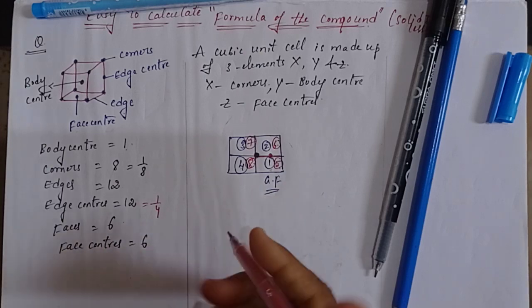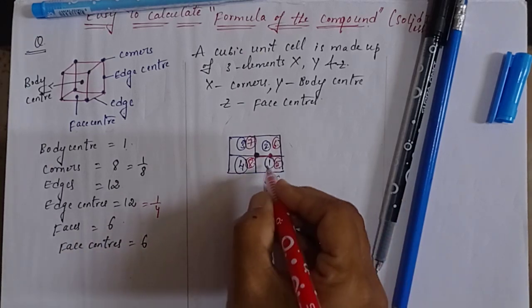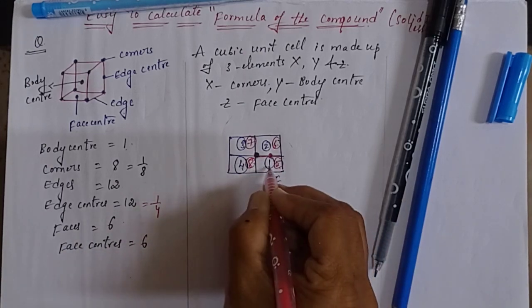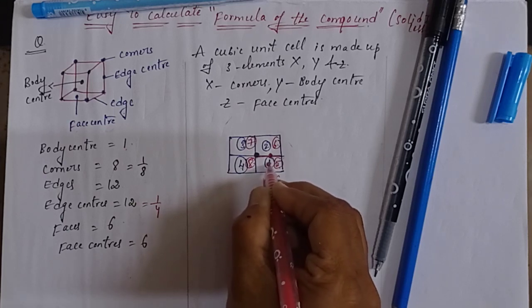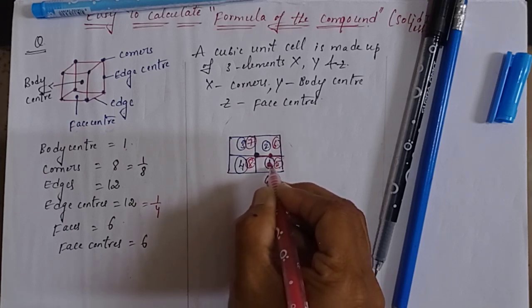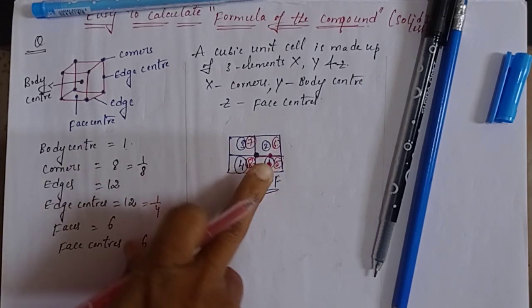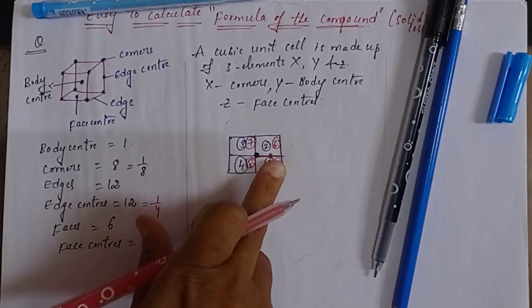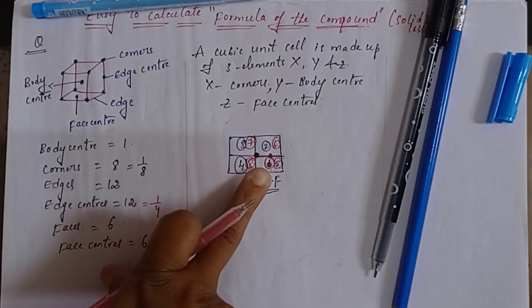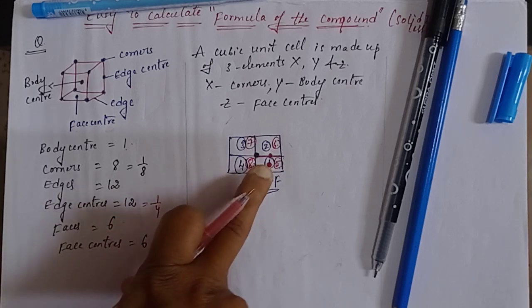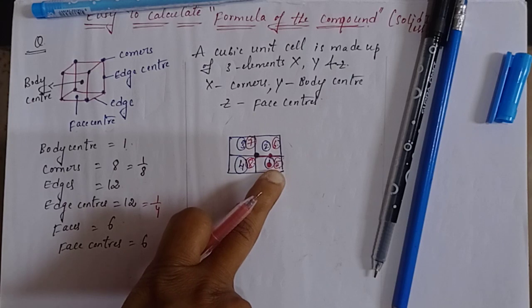Now I am taking the face center. Suppose I am taking this face, students, this face center particle. Now it is sharing with how many rooms, students? Suppose I am considering this as a face. This face center particle is sharing with the first room and the 5th room, correct or not?